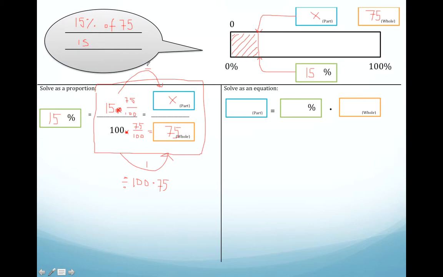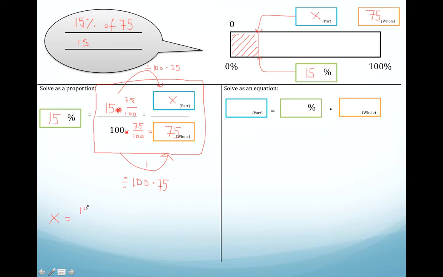So divide by 100 times 75. I'm showing you two different ways. You can choose one or the other, or you can solve in another way. For example, you cross multiply, which is also called butterfly method. But whatever method you choose, your x will look like this.